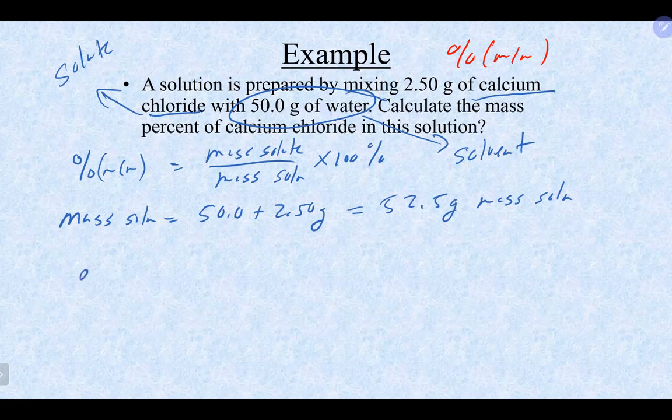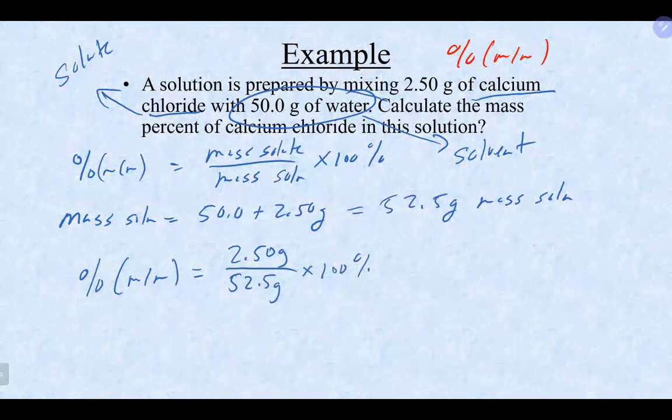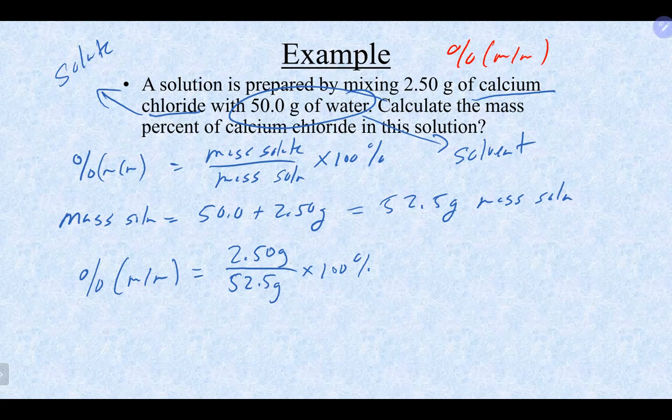So to figure out the percent mass to mass, it would be our 2.5 grams divided by the total mass of the solution times 100%, which would be 2.5 divided by 52.5 times 100, about 4.76% by mass.